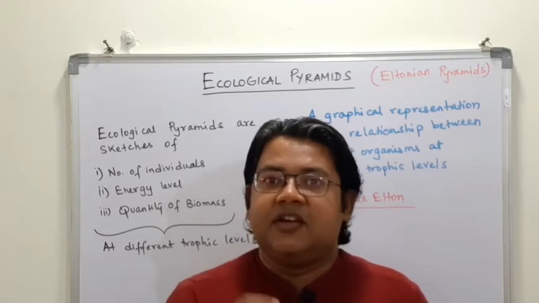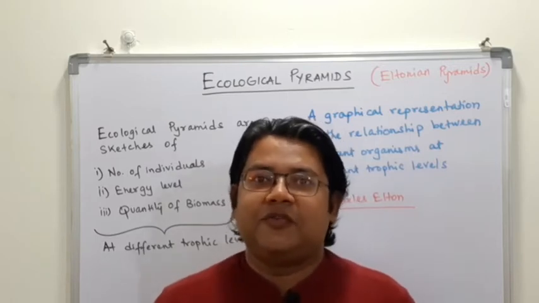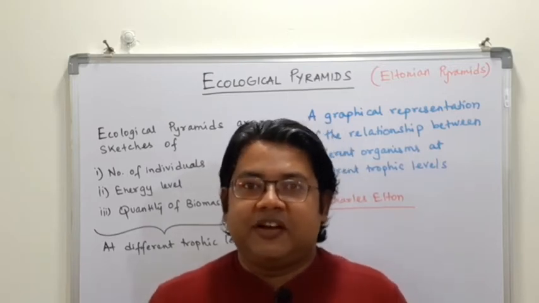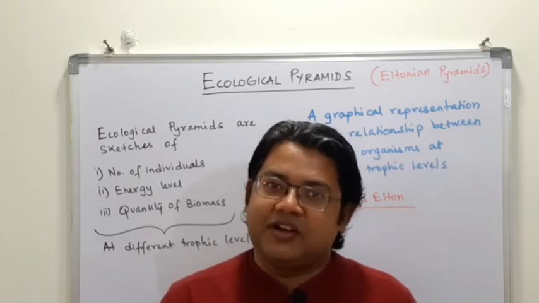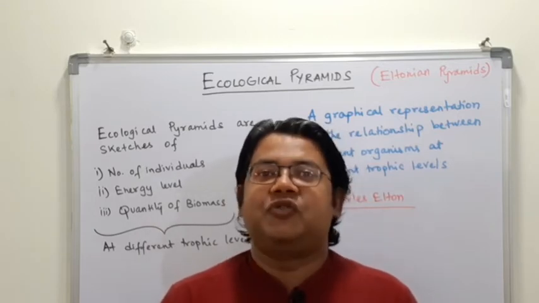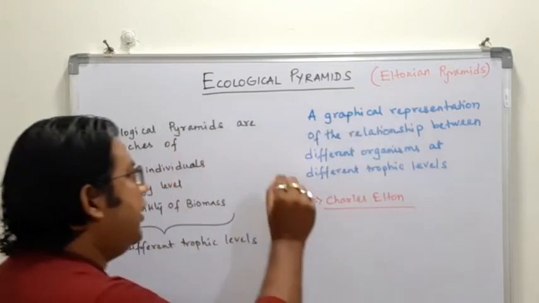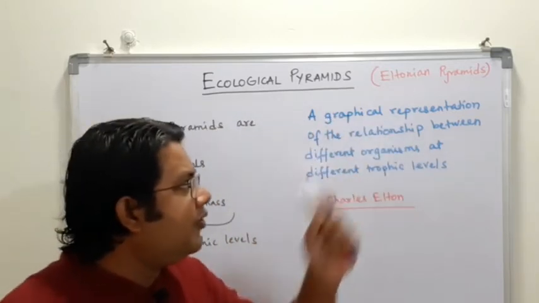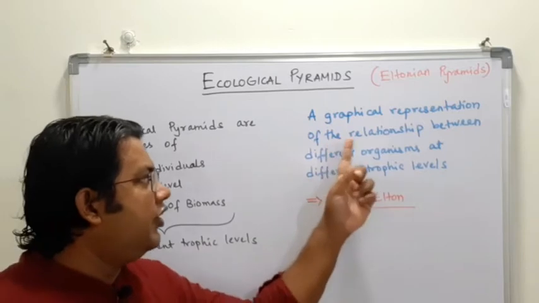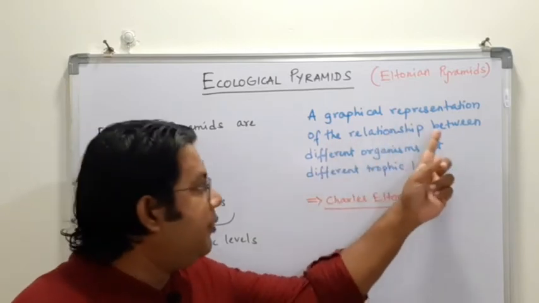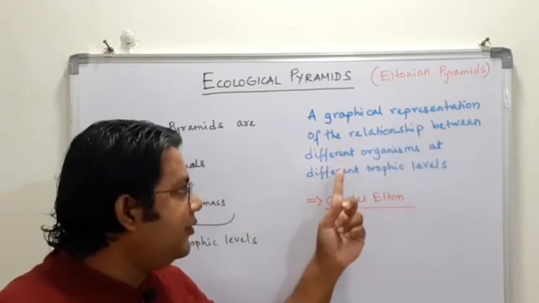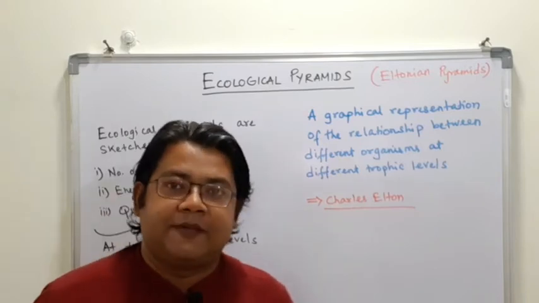Okay, first, before going into the details of the ecological pyramids and the different types of ecological pyramids, we should understand what is actually the ecological pyramid. Ecological pyramids are graphical representation of the relationship between different organisms at different trophic levels.